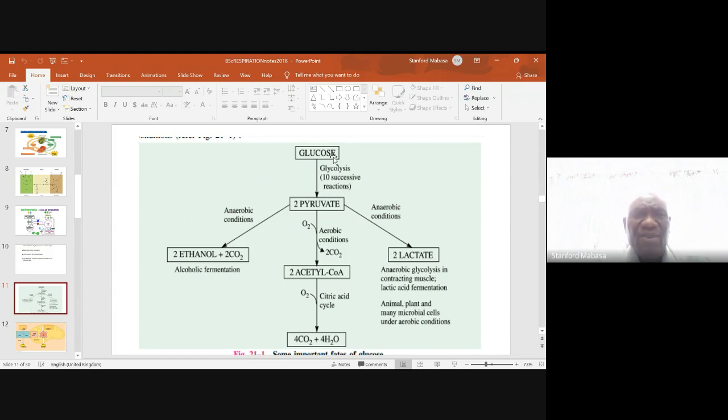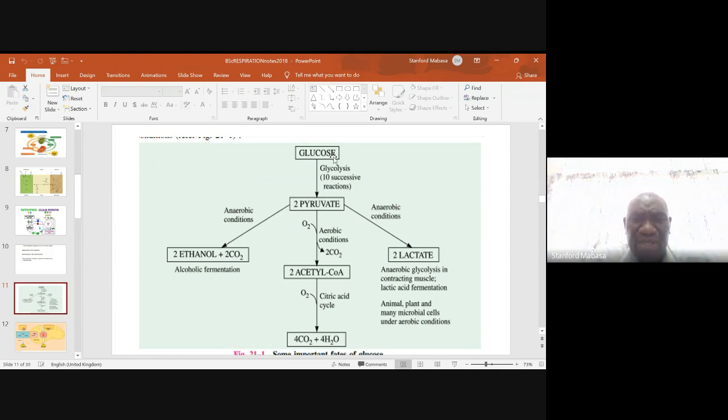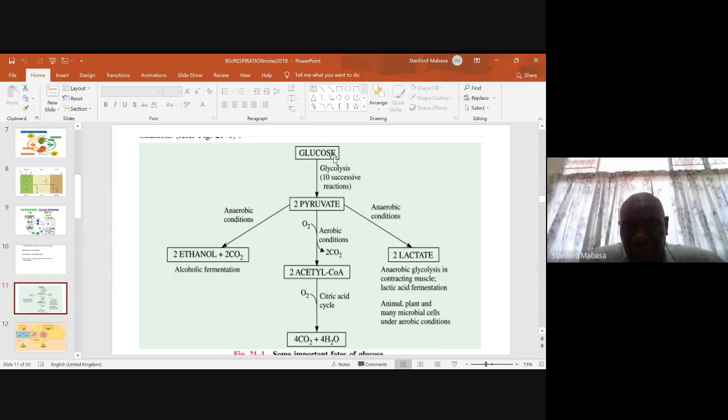Now, depending on the conditions in the living system, if we have anaerobic conditions, for example, in animals or plants, lactate can be produced, or lactic acid fermentation.